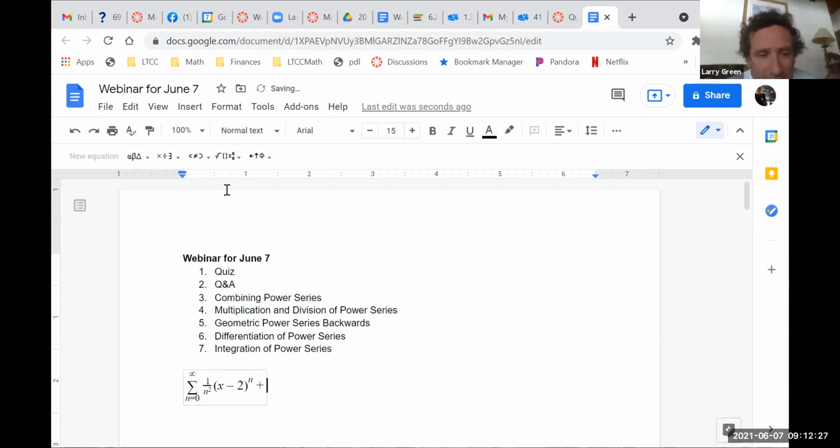And we want to add that to another series, so copy and paste and change. So you want to add it to the sum from n equals 0 to infinity, and let's say you're going to have 1 over n times x minus 2 to the n.